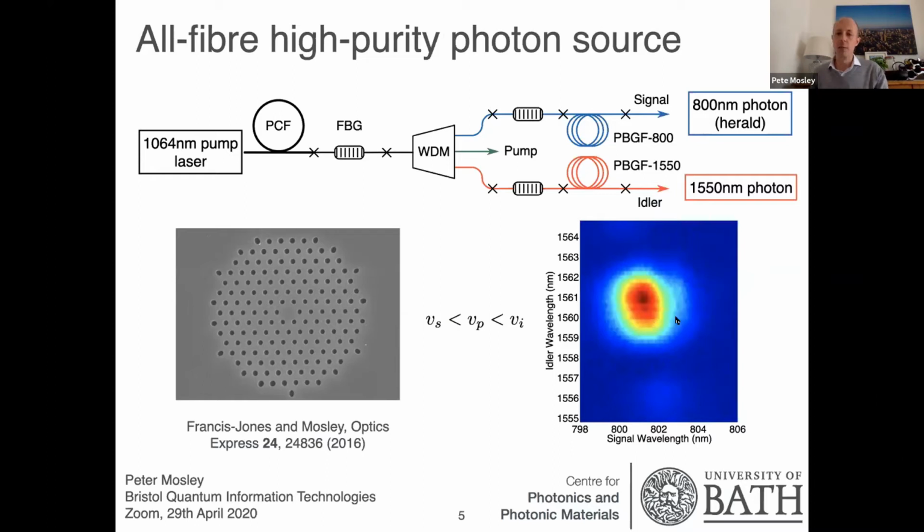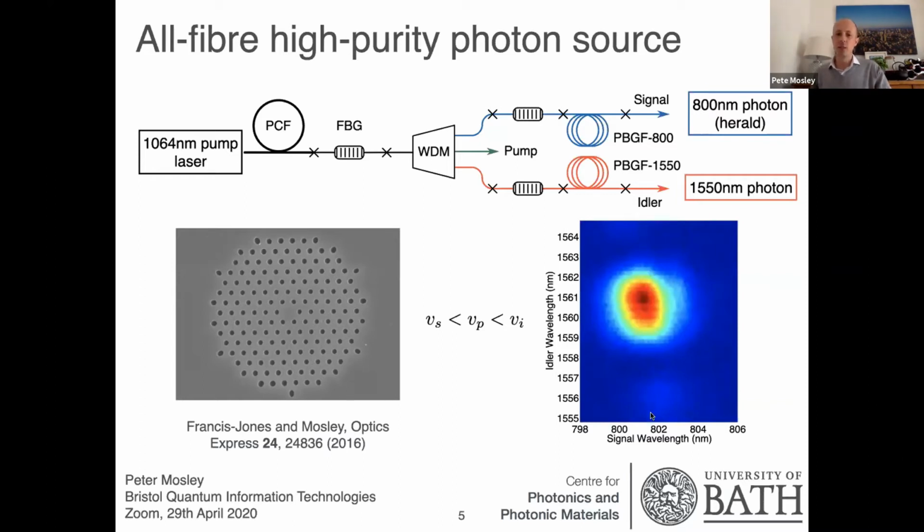So in this case, we've generated our signal photon around 800 and our idler photon around 1550, but we've done so in this joint state that's quite close to a nice circular blob, so it doesn't have a lot of spectral correlation in it. And that gives us very little distinguishing information.